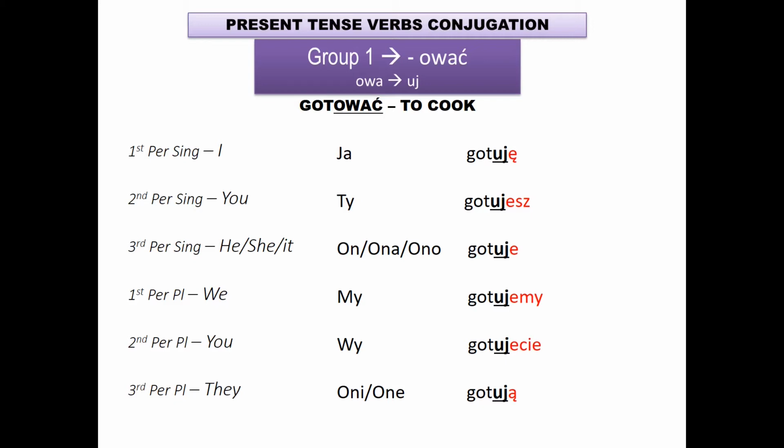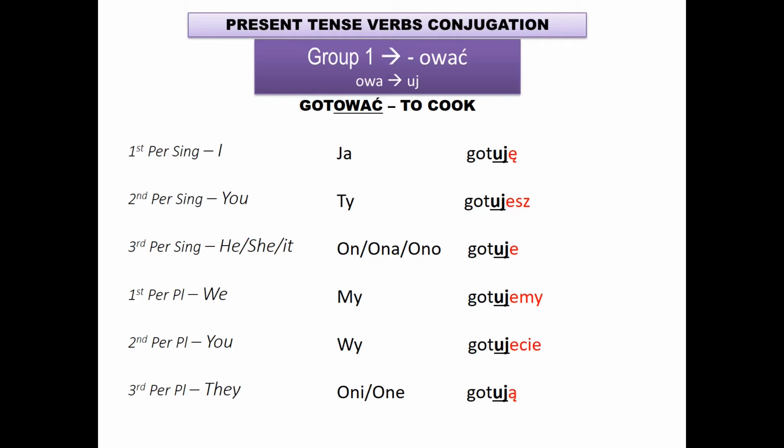So as we've said, in the first group of verbs, owa, which we can see here in gotować, we of course take off the ć, because it's just a final letter that indicates the infinitive, and the other part changes to uj. In red, I've marked for you the actual conjugations, the endings that all the verbs of this group will take.